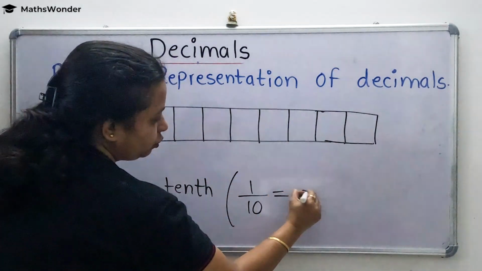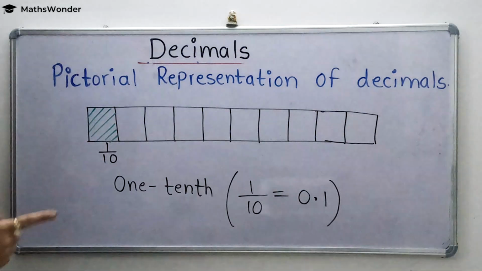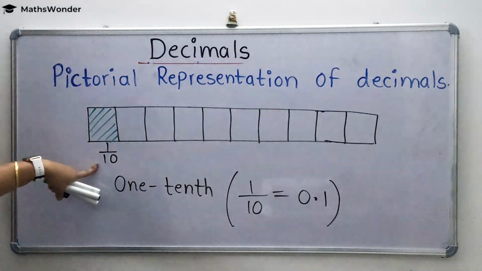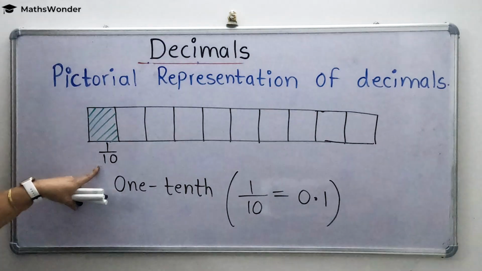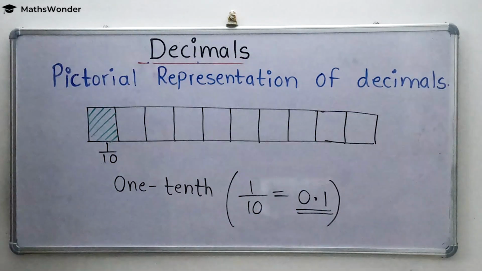When you convert 1/10 into a decimal, it is this part of the rectangle. Understood? When you do this question in fractions, how will you write it? 1/10. The same thing when you convert into a decimal, you will write 0.1, because it's 1 part out of 10 total, right?